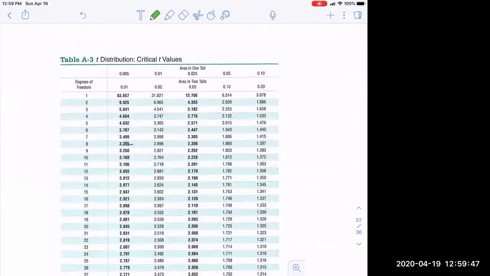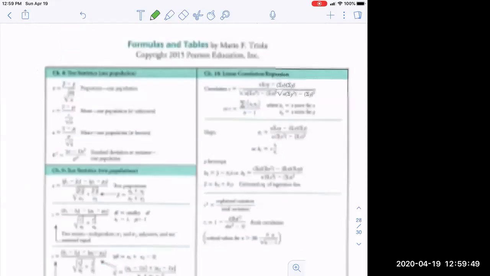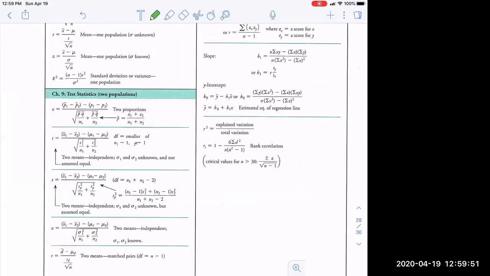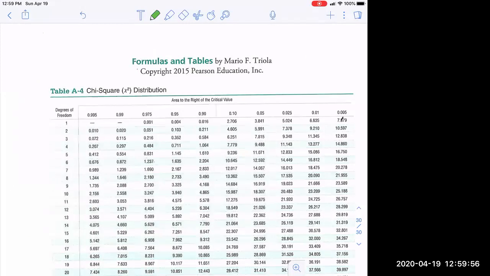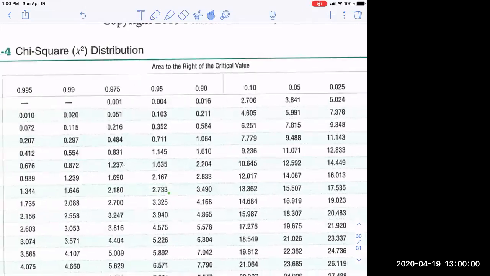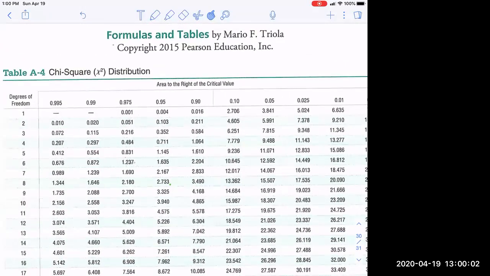There's our t that we did with a mean. There's all our formulas. We're going to end up doing a bunch of them. And here we are: chi-squared distribution. So, area to the right of the critical values. This is one column we need. This is our other column.